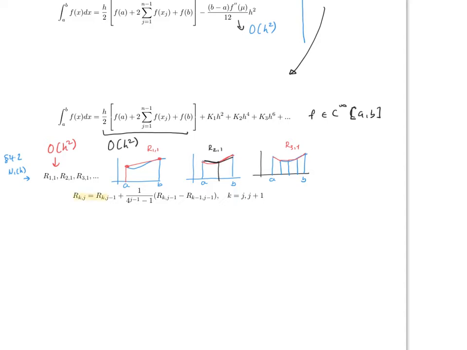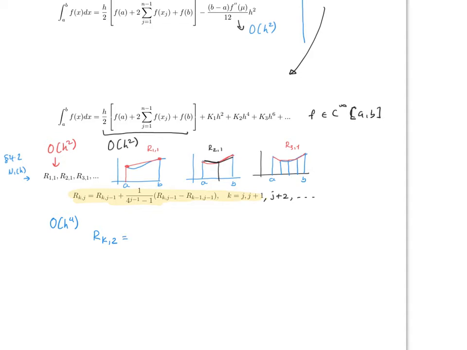Now this formula is going to give you a recursive way to come up with more precise answers. Here k should be equal to j plus 1, j plus 2, and so forth. So for example, if you want to get O of h to the 4, then you need to find Rk2. So j would be 2.